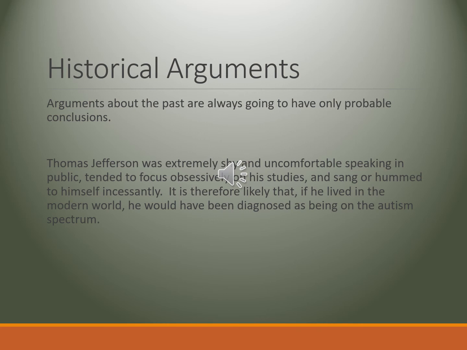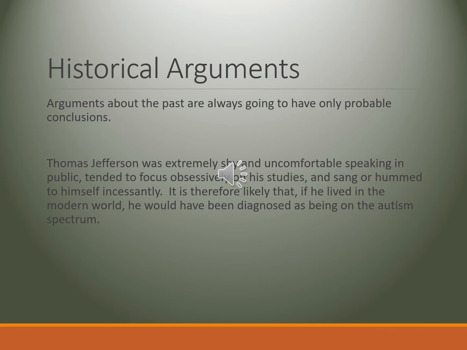The picture we have of Thomas Jefferson might be completely false or false in certain areas, and therefore we can't say anything with any certainty about the past, but we can conclude things to a reasonable degree of likelihood or certainty, at least in terms of probability. It gets worse the farther back you go in time, of course.